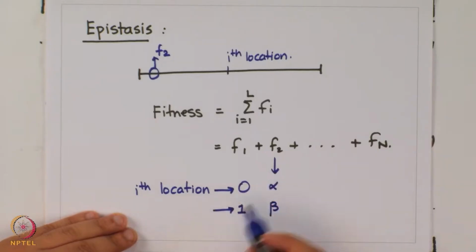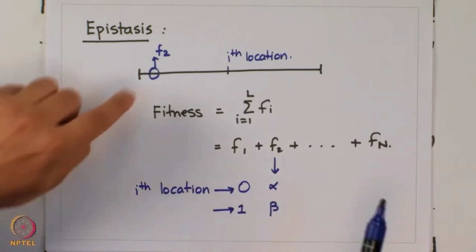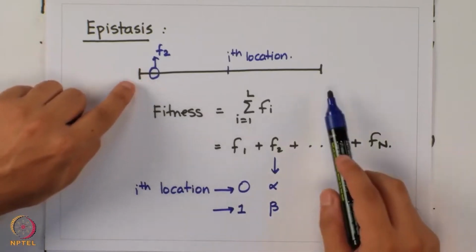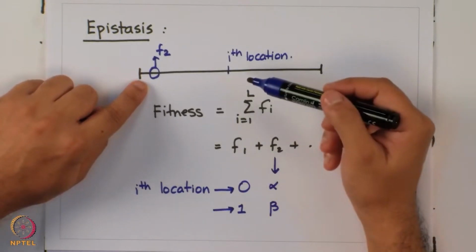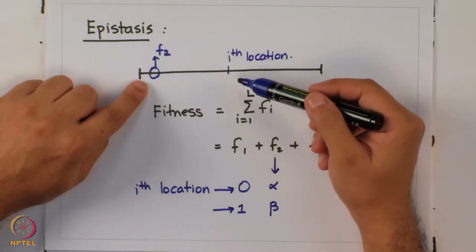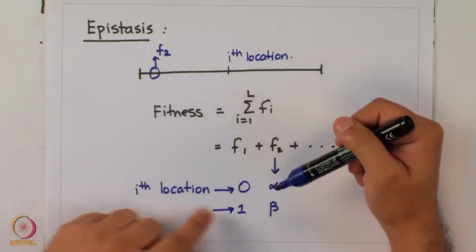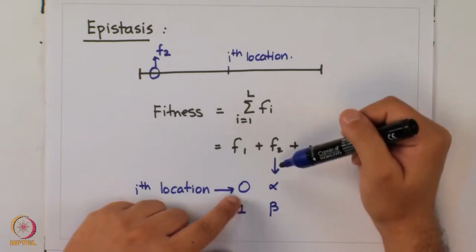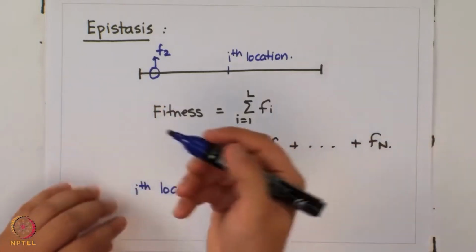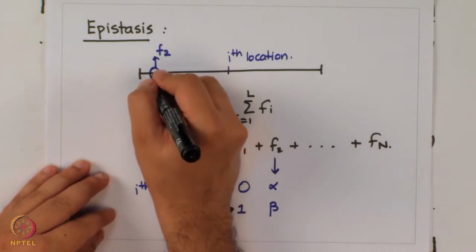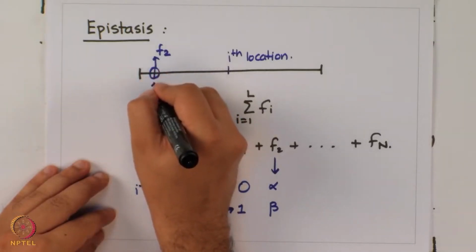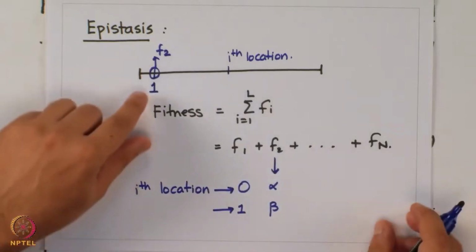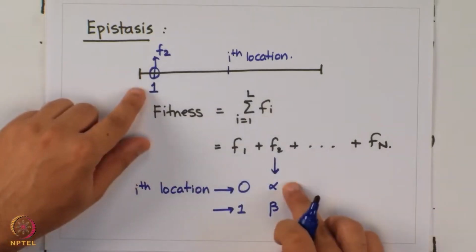So, for instance, let us say the relative contribution of F2 towards the fitness of this DNA string is dependent on what is present on the ith location. If the ith location is a 0, then the contribution of the second nucleotide here, which let us say is equal to 1, is alpha.